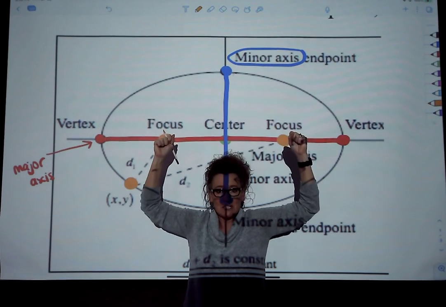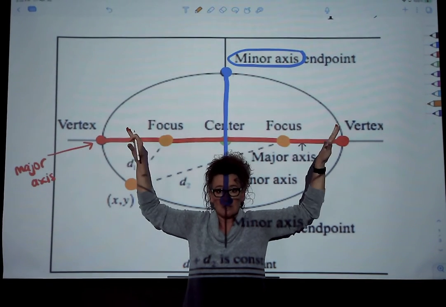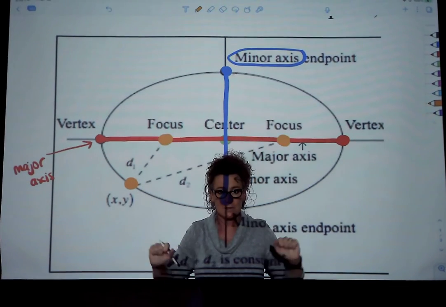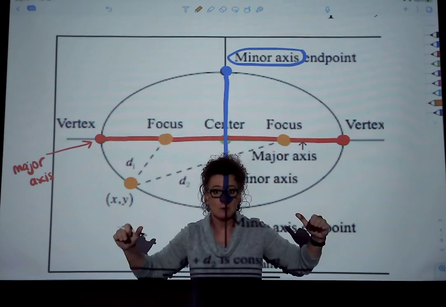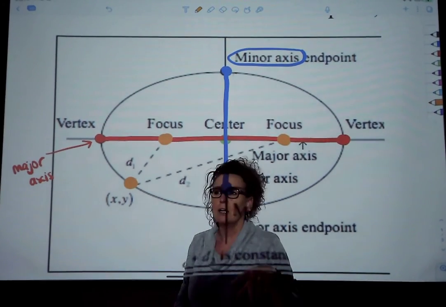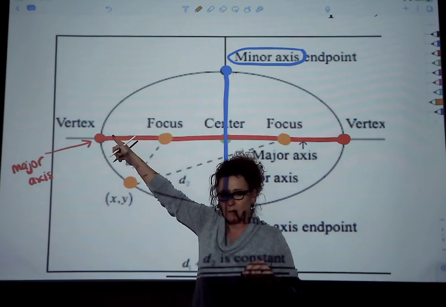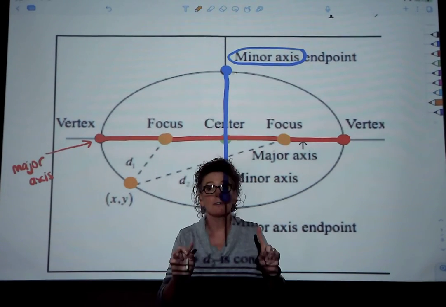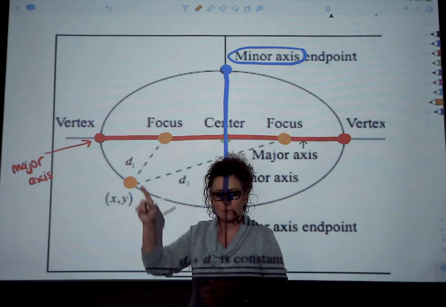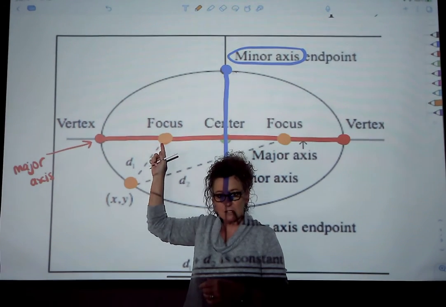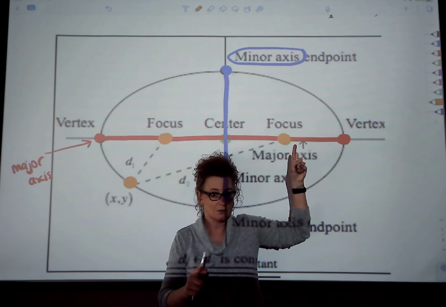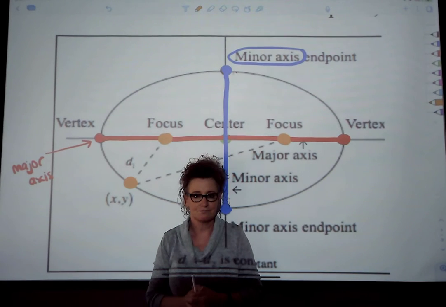Each focus is holding the vertex out so that this doesn't turn into a circle. It's pushing the vertex out. Each focus does that. Vertex, vertex, plural, vertices. Focus, focus, plural, foci.